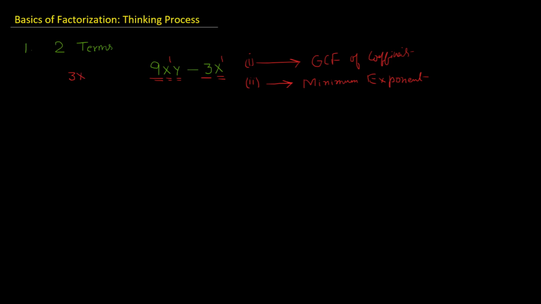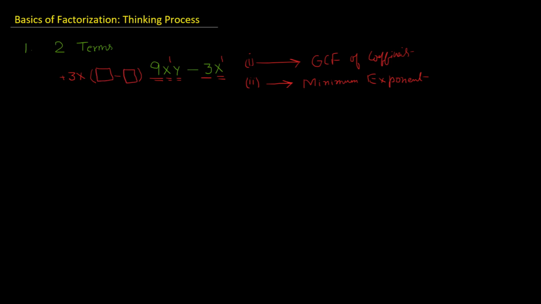Now, when we take 3x common, what will be inside the brackets? Of course, we are taking plus common, so the sign will stay the same. What is left inside the bracket when we take 3x common?